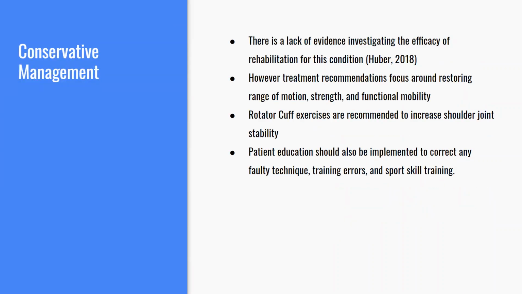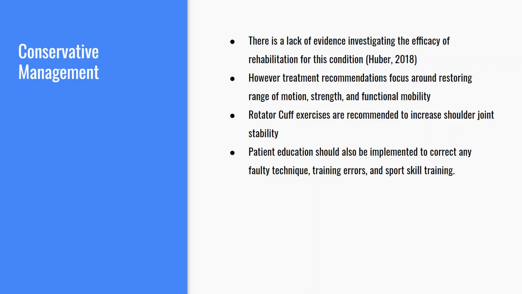Now, conservative management, right? It's the big thing we want to know. How can physical therapy help? There is actually a lack of evidence investigating the efficacy of rehab for this condition, so we're not really sure what the best practice is. What can we do to improve on this injury?